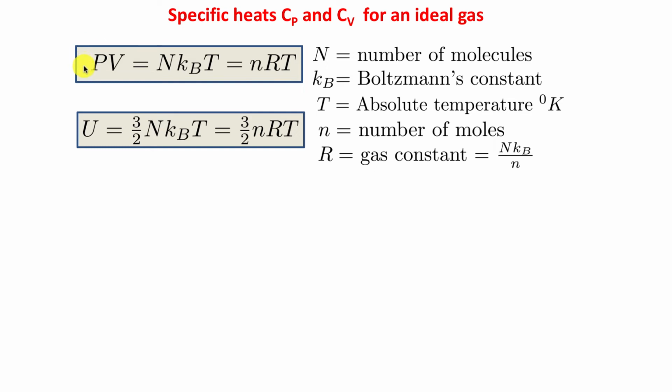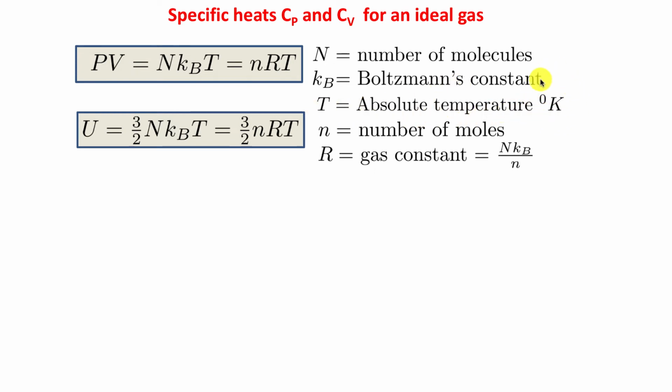Let's look at the gas law. PV can be written as either N k_B T, or you can write it as nRT. They're the same. nR is the same as N k_B, and N is the total number of molecules, k_B is the Boltzmann constant, T is the absolute temperature.